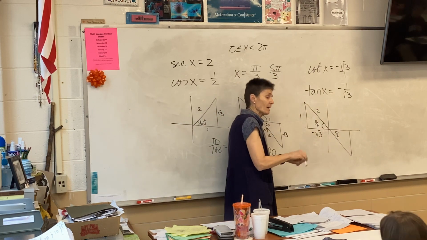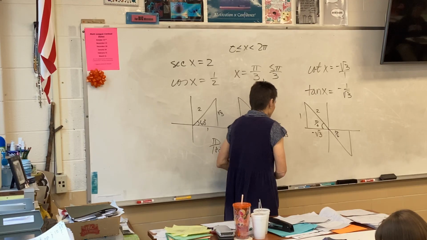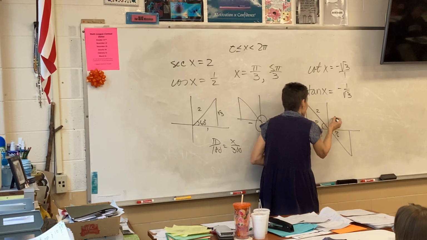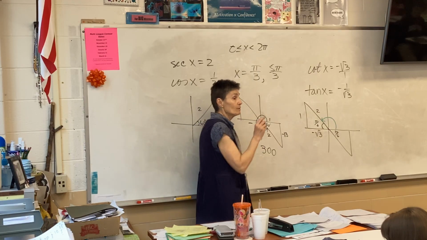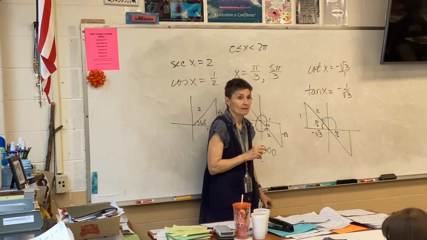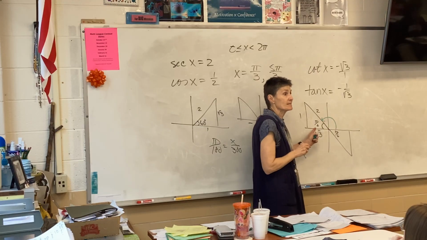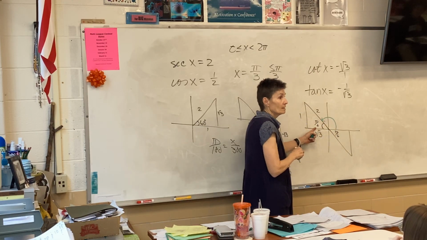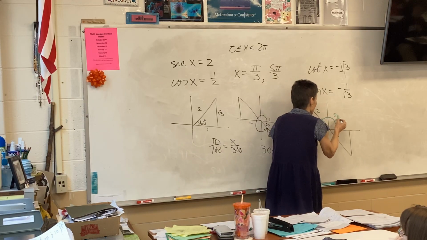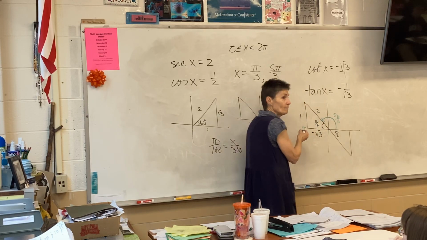Now, what are the actual answers? One answer is this. The degrees would be 150. But listen, if this is a sixth, how much is this got to be? 5 pi over 6. Remember, guys, isn't this a whole pi over here?